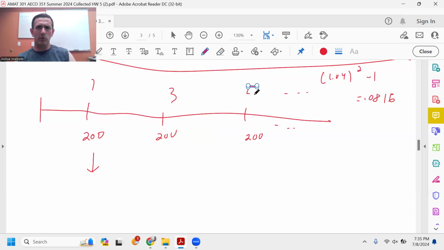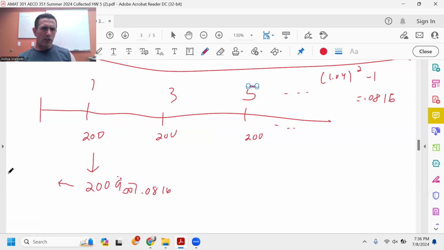Maybe I should say always one more time. So it's 200 a double dot infinity at 0.0816.